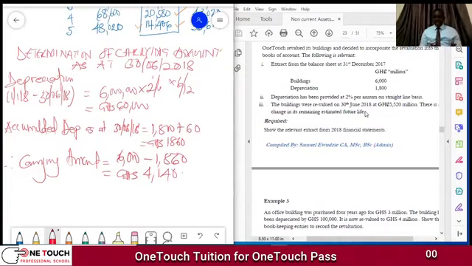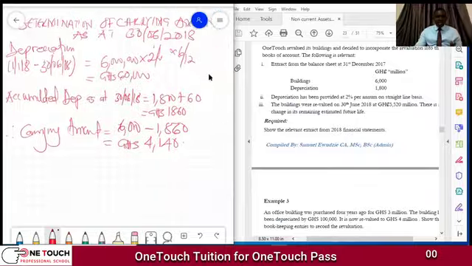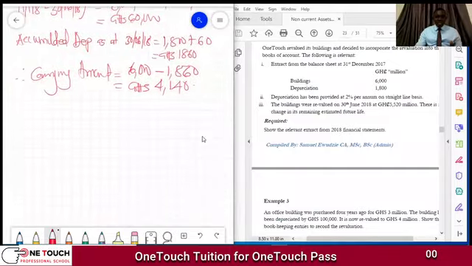That's the carrying amount. Good. Now this carrying amount must be compared with the revalued amount.